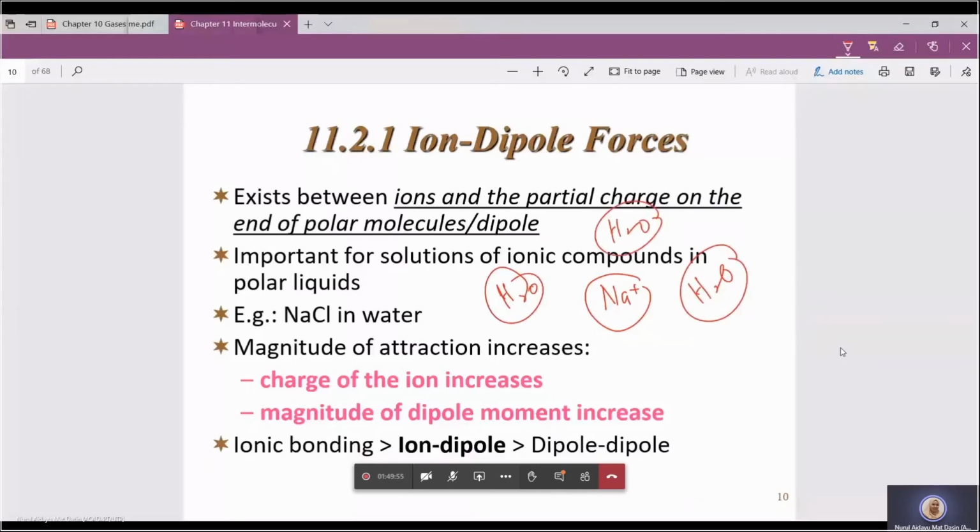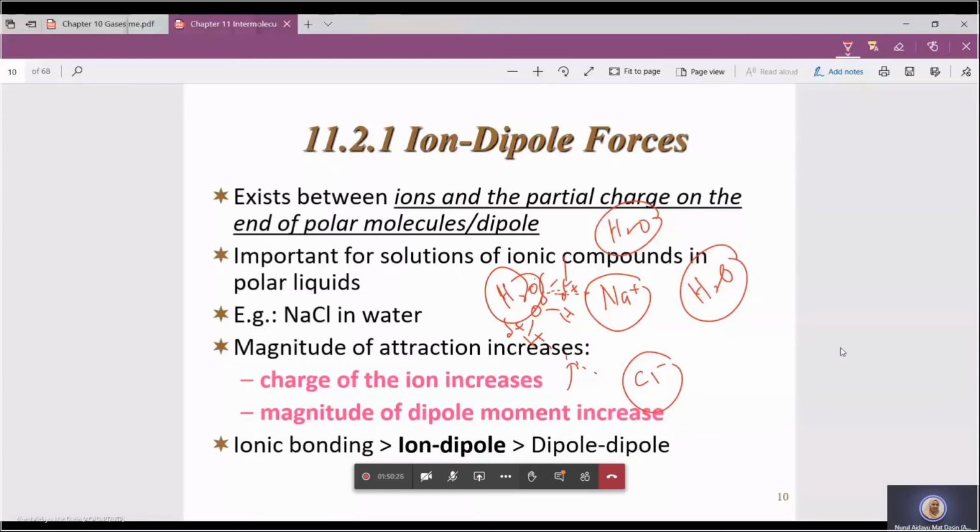Na plus will attract to the O, the partial negative. H2O has O, H, with partial negative and partial positive. So partial negative will attract to the positive Na. The partial positive H will attract to the Cl minus. This is what we call the ion dipole force.